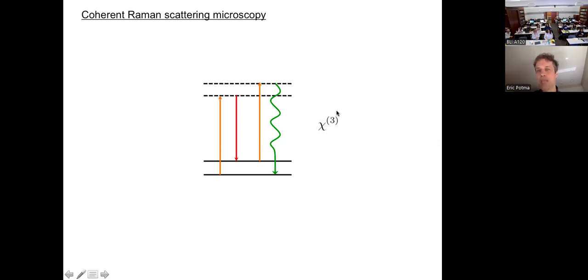The key thing that you gain from this is that pumping through these vibrational states is much more efficient if you actively drive it than if you drive it through a spontaneous process, and therefore you cycle through this molecule much faster than you do in spontaneous Raman, and therefore you can generate many more photons. So the outcome is I can now scan much faster, and that is what it's all about.